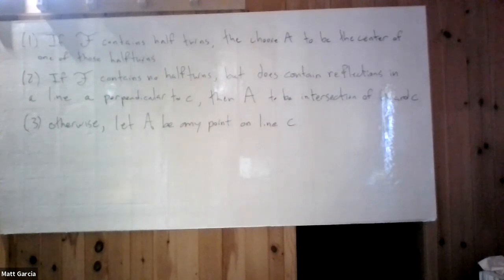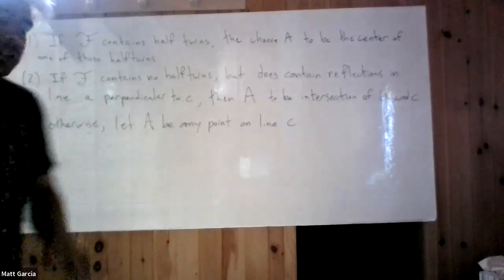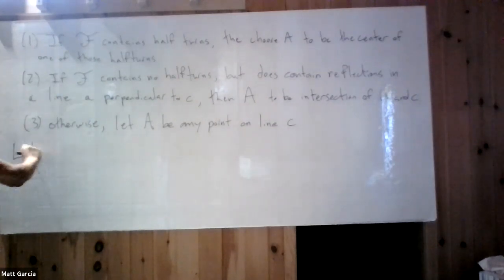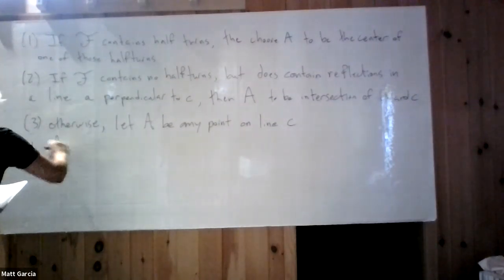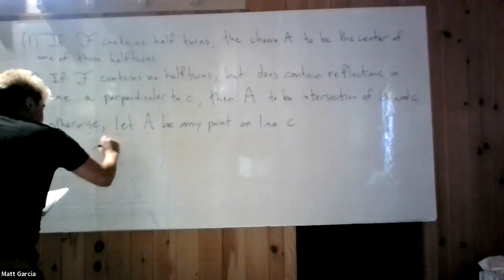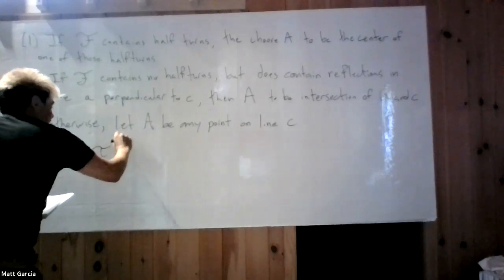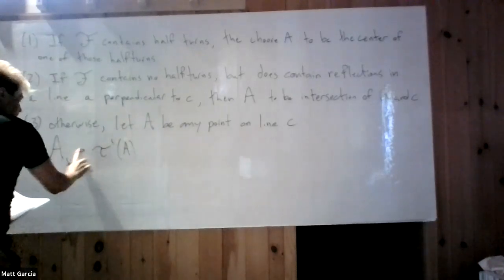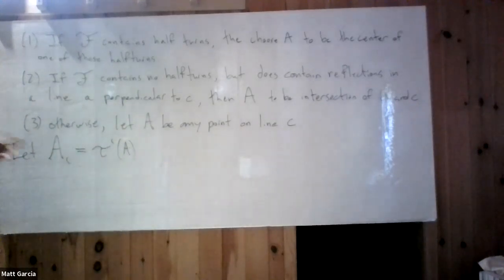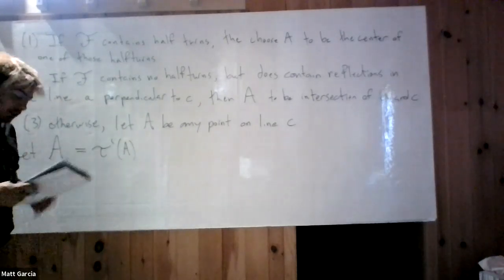Having these conventions, let us put down some more useful notation in the classification that we're going to carry out. Let a sub i be equal to tau to the ith power evaluated at A. We're just applying our translation, which we know we have by the definition of a freeze group, to A i times.